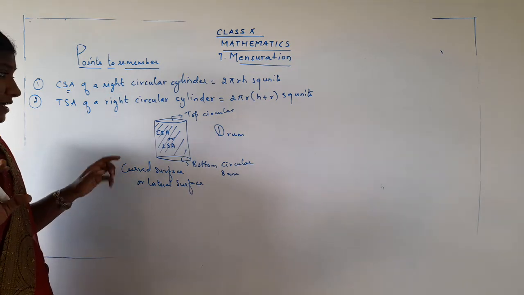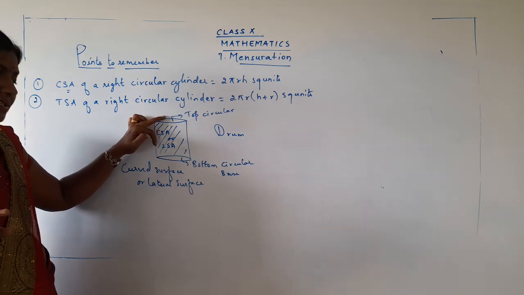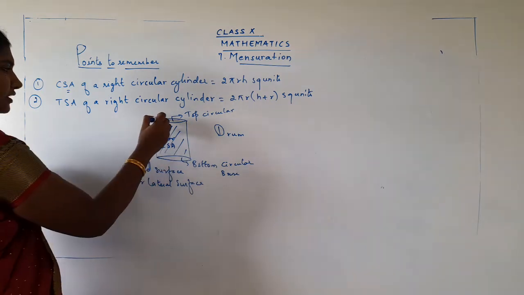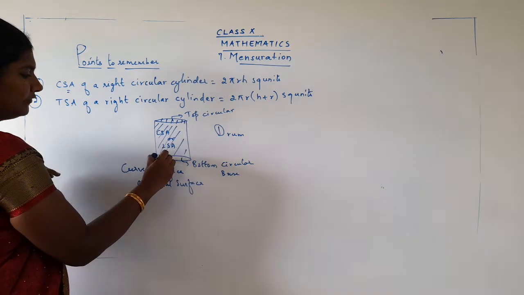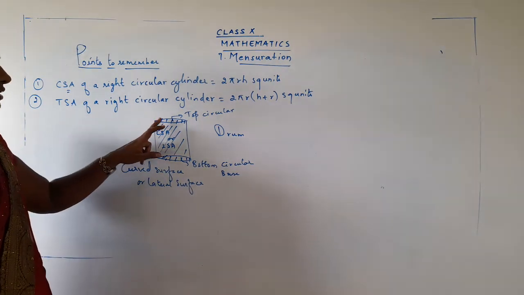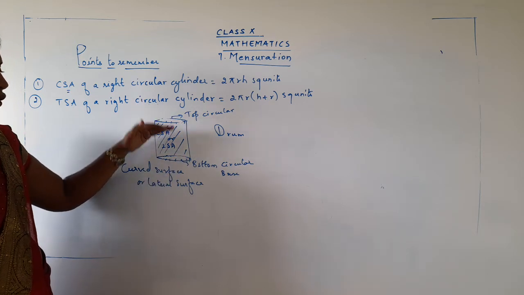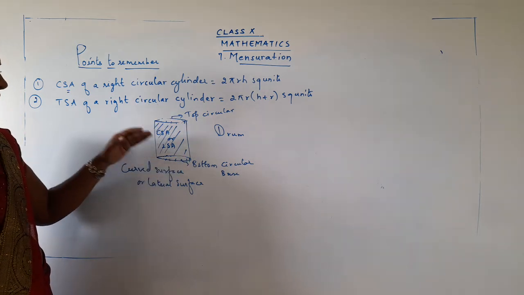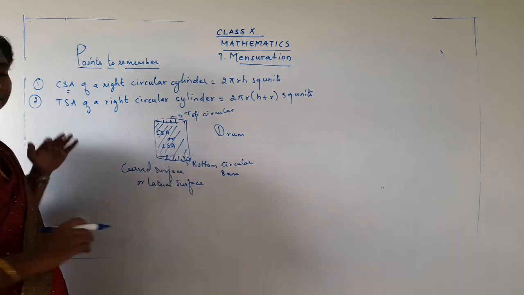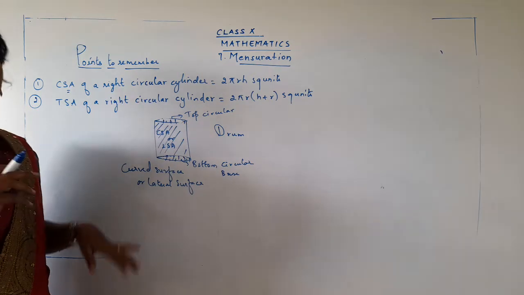Total surface area means the curved surface area as well as the top circular area and the bottom circular area. Everything gets covered. When we talk about the curved surface area, we only talk about the region between the top and the bottom base, and when we talk about the total surface area, we talk about the whole part: the curved surface area, the top part and the bottom part.